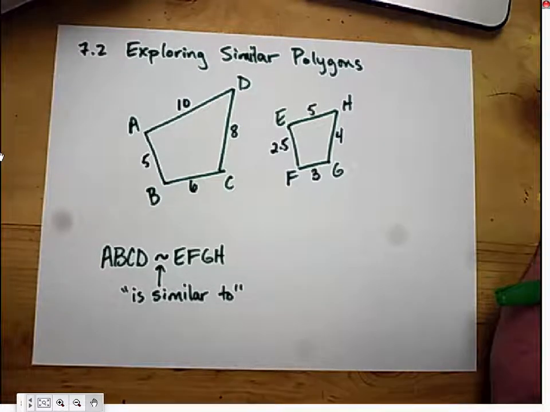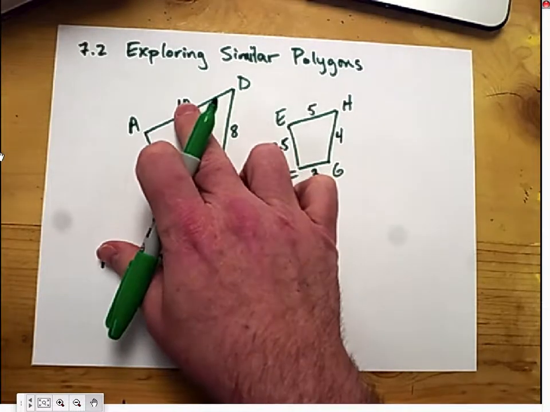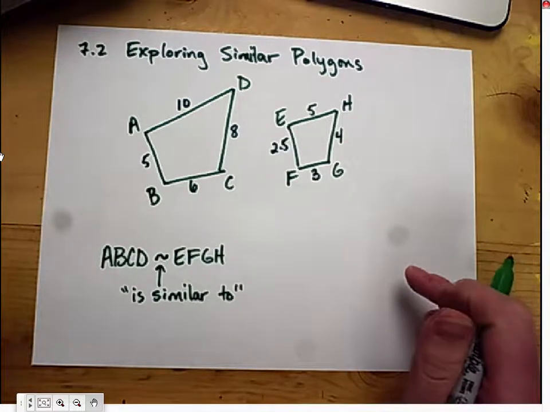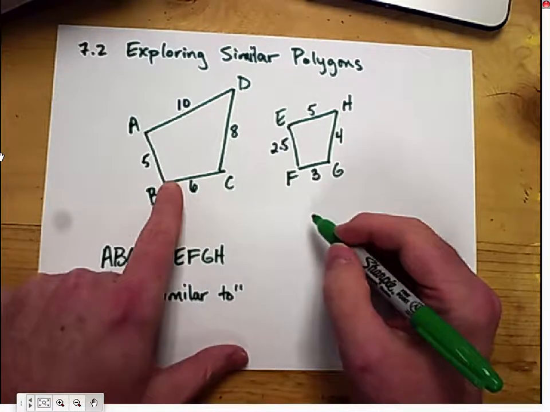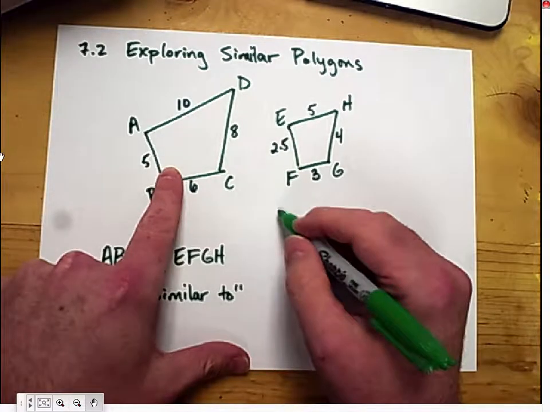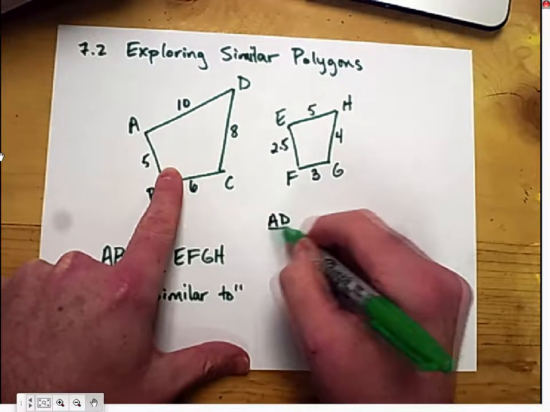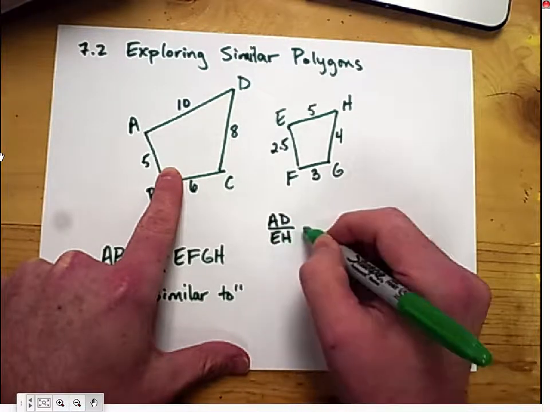Do you see a pattern or something that's happening? It's half of each. If you multiply this by half, you'd get that. If you multiply this by half, you get that. So what happens is all the sides are in the same proportion. So if you did AD over EH, what would you get?